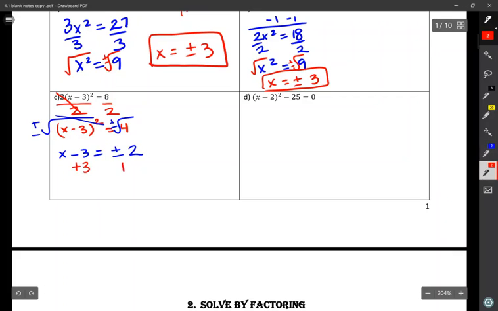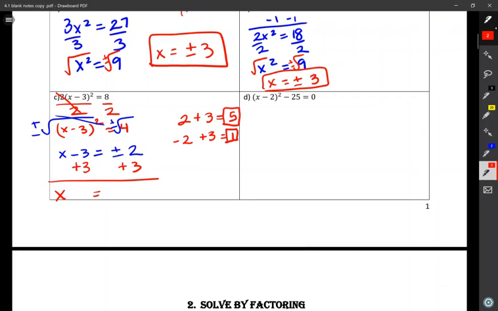Add 3 to both sides. When you add 3 to both sides, you have two equations. You have positive 2 plus 3, and then you also have the negative 2 plus 3. D is the same thing. Add 25 to both sides.